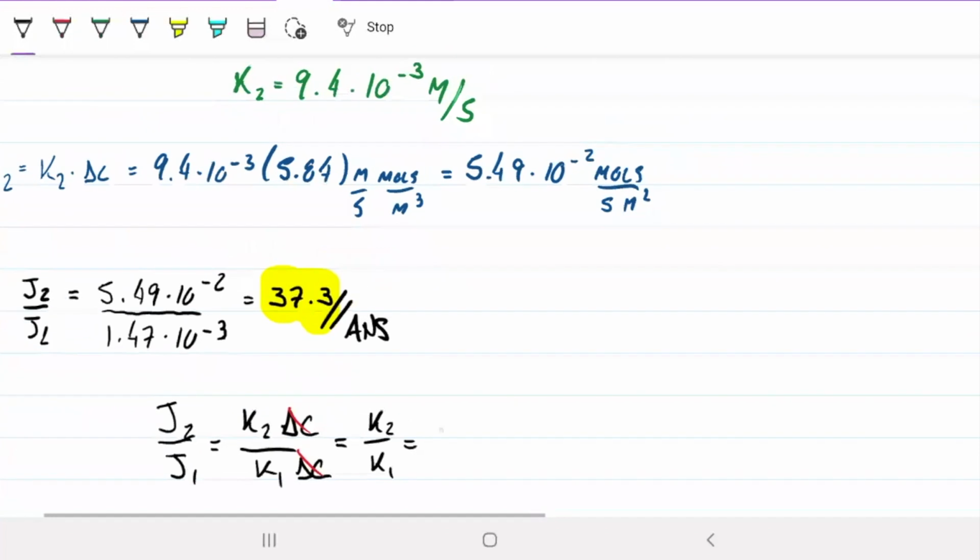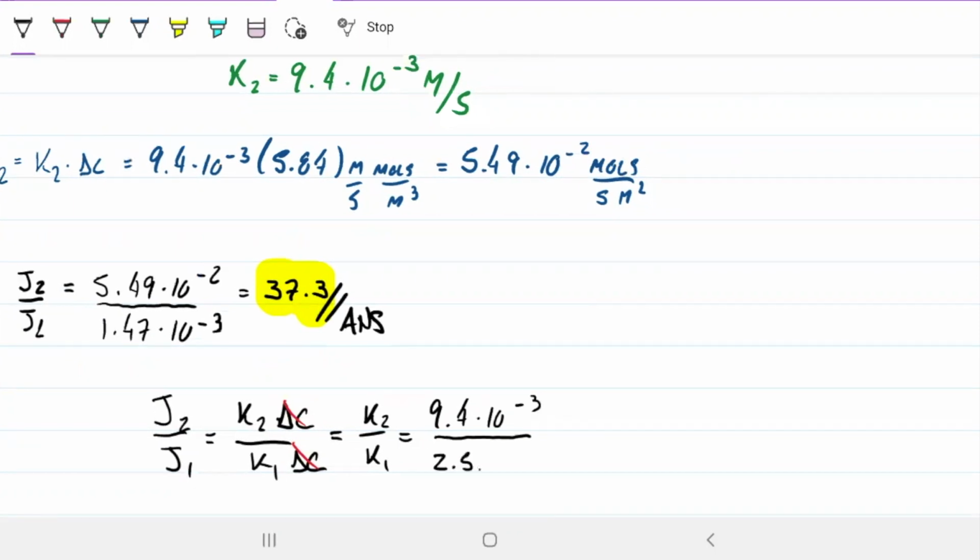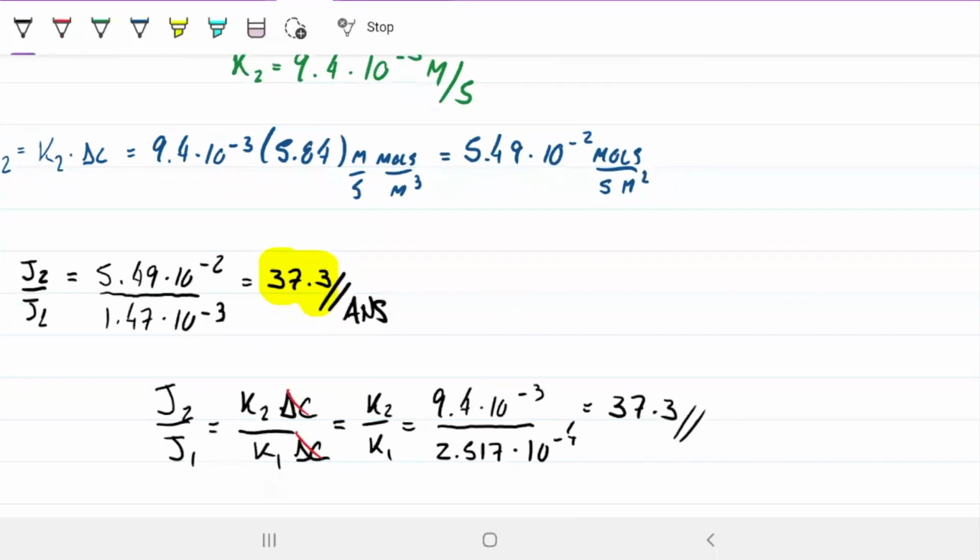We have K2, which is 9.4 times 10 to the minus 3 meters per second. And we have K1, which is 2.517 times 10 to the minus 4 meters per second. So that's going to render the same result. Okay, so you could have done that too. It's another option. I think this one, the first one, is more intuitive because we were after J2 the whole time.